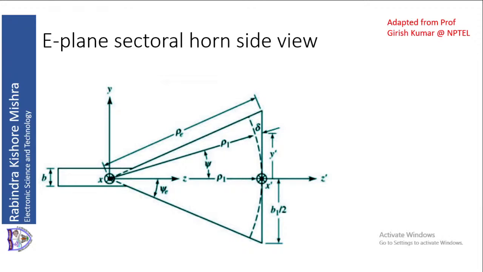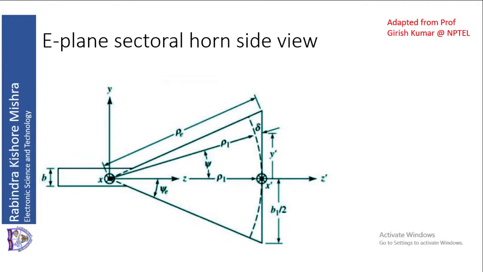The electric field, which is propagating in the z direction, will have the distribution on this aperture, or on this plane, of the form Ey equal to E0 cos of pi x by lambda, into the propagating factor. The propagation will be along the z direction, so that will be exponential minus jkz. So in that form, that will be there.